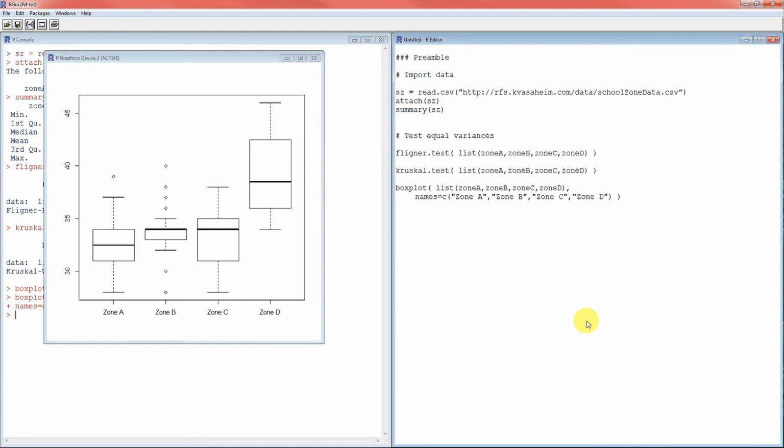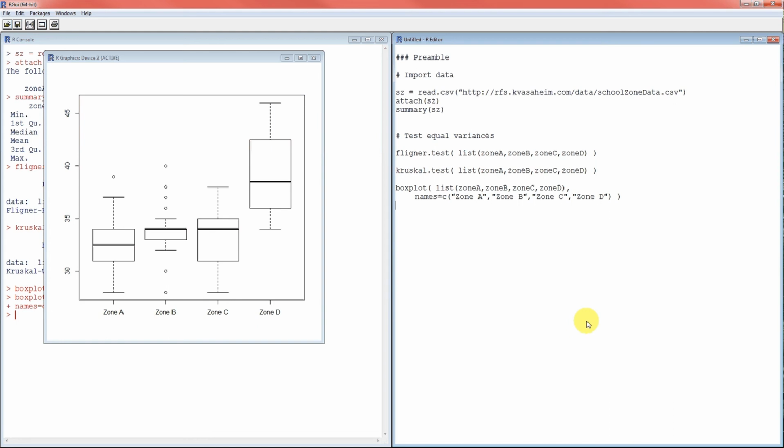We have not statistically shown that zone D is the different one. It may not be the different one. But looking at the box plot, it would not surprise us that when we actually run the next test, we actually do see that zone D is significantly higher than the other 3. But that will have to wait for the next video.